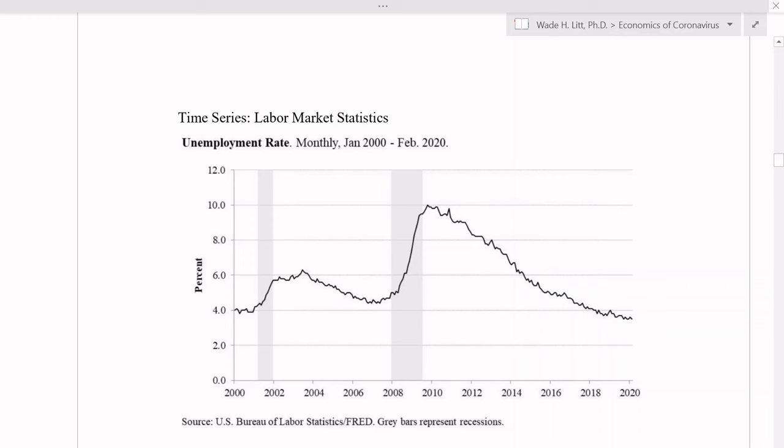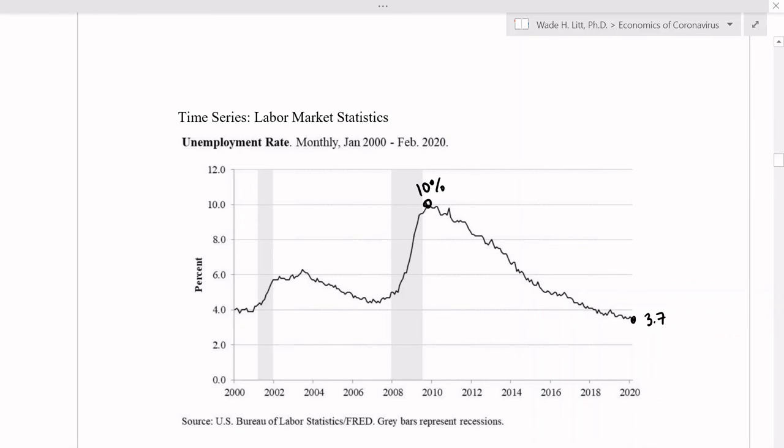graph here is the unemployment rate from 2000 until present, and here we have our 3.7, and actually it was even down to 3.5, and up here at the peak we had 10%.